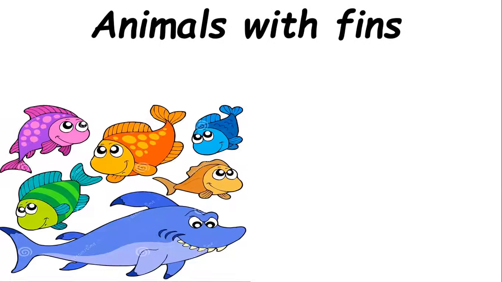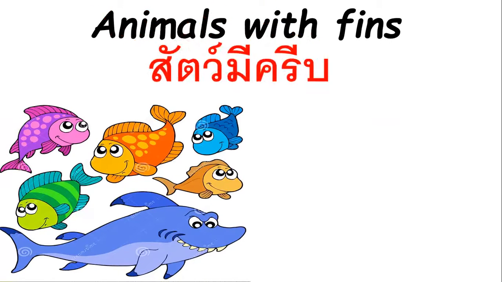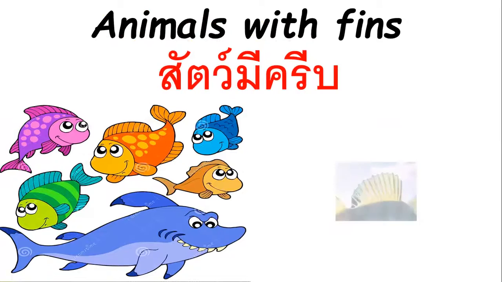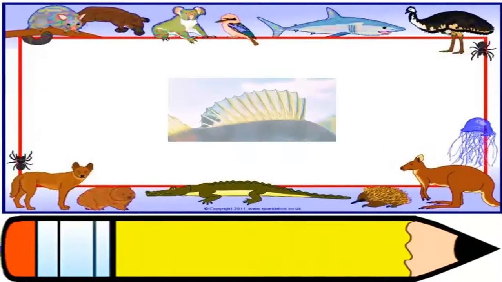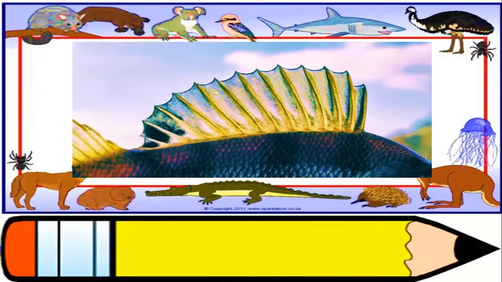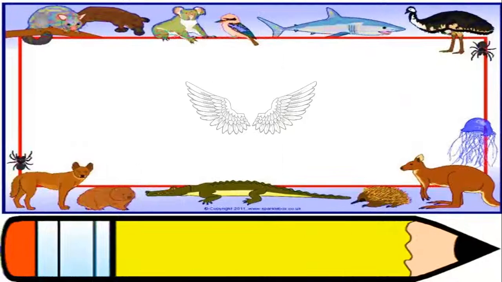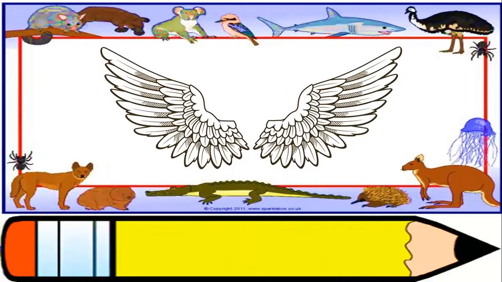So these are animals with fins. This is what we call fin. And this is what we call wing.